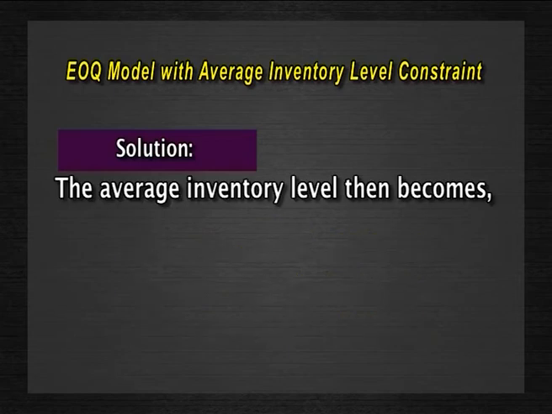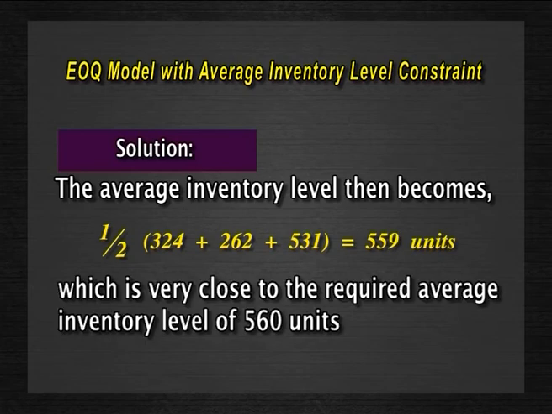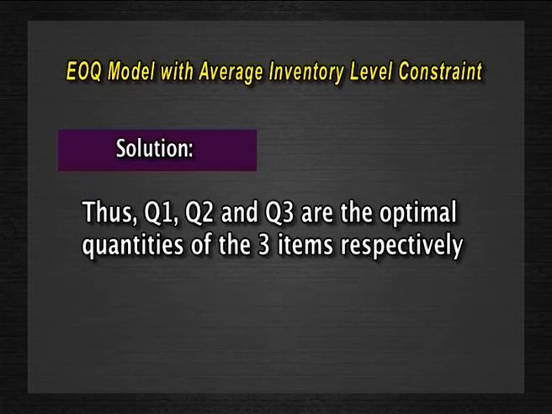The average inventory level then becomes half into the whole bracket of 324 plus 262 plus 531, which is equal to 559 units, which is very close to the required average inventory level of 560 units. Thus, Q1, Q2 and Q3 are the optimal quantities of the 3 items respectively.